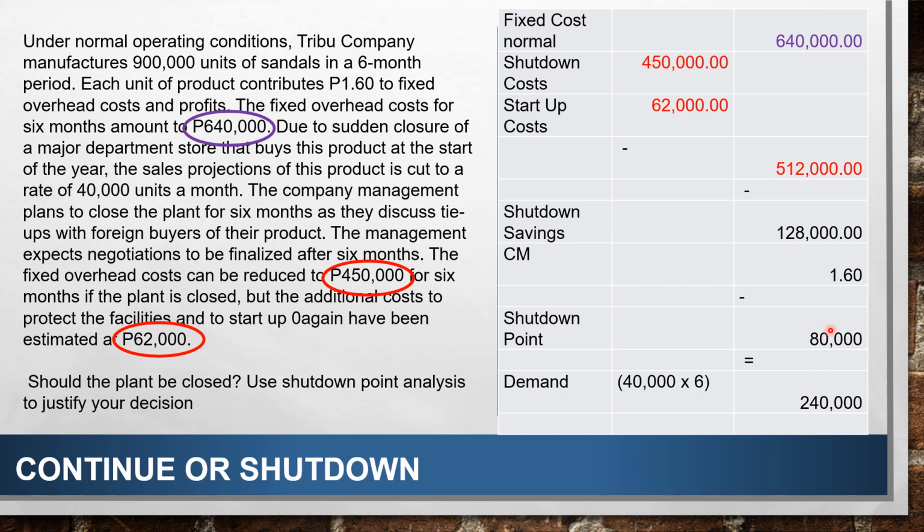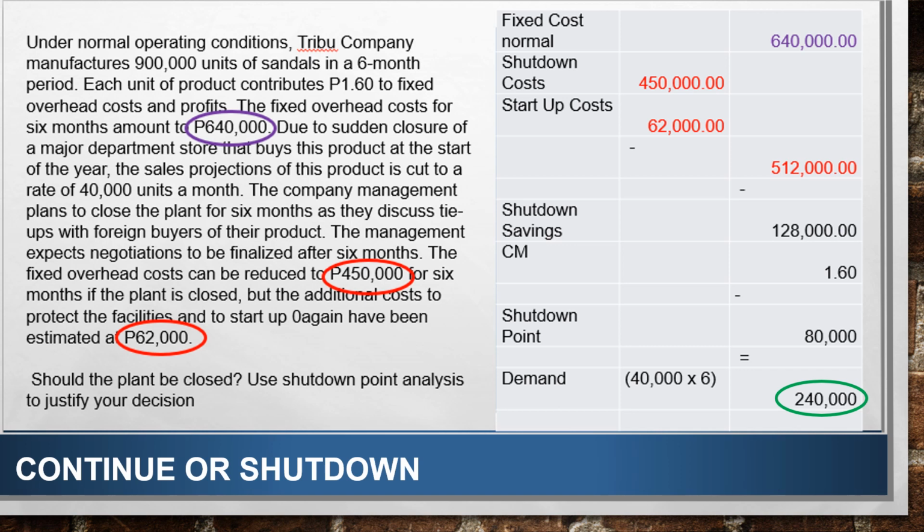So now let's compare the data given for the demand. The demand here is 40,000 per month. So we are talking about 6 months. So 40,000 times 6, the demand is 240,000. So what is your decision? Okay, so again, our analysis shows the following. We have a shutdown point of 80,000 while the demand is 240,000.